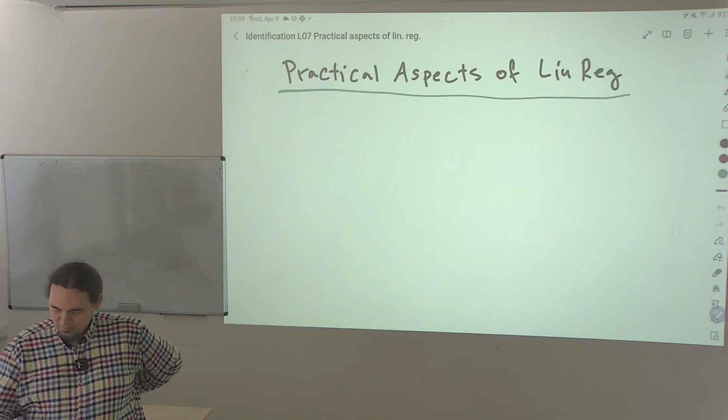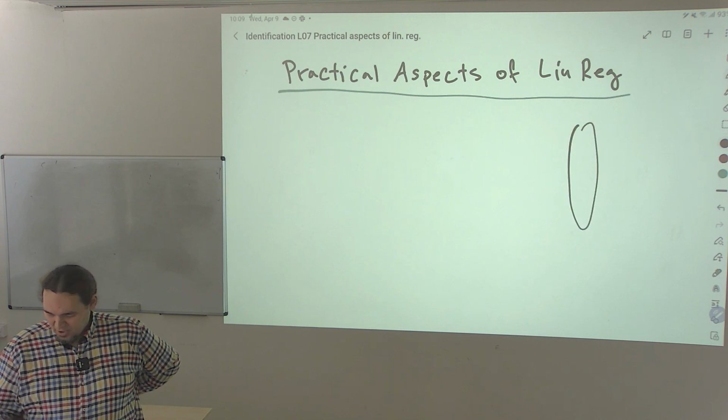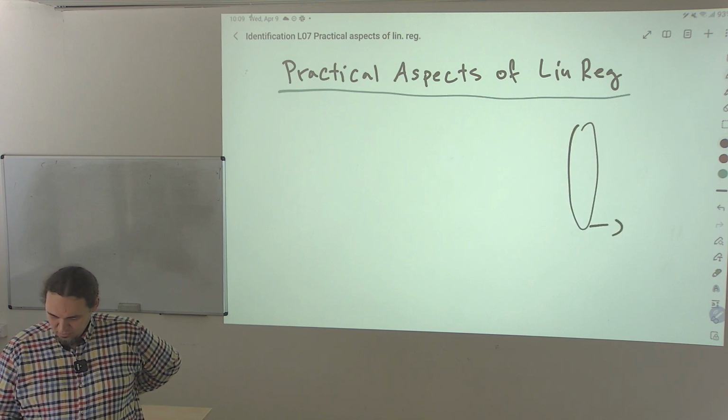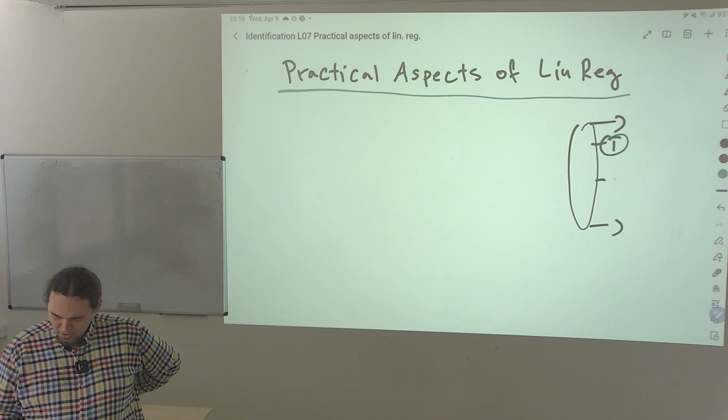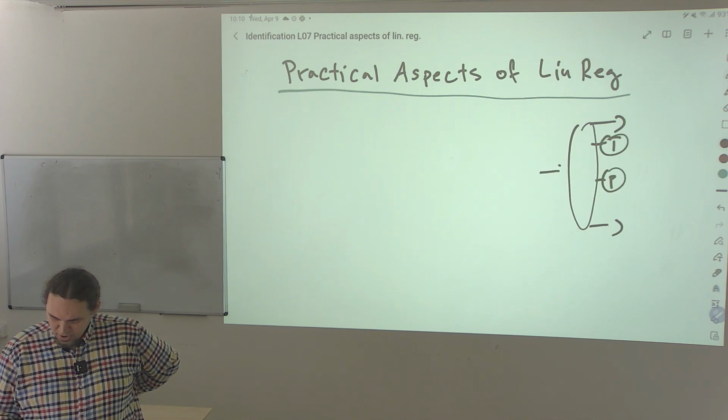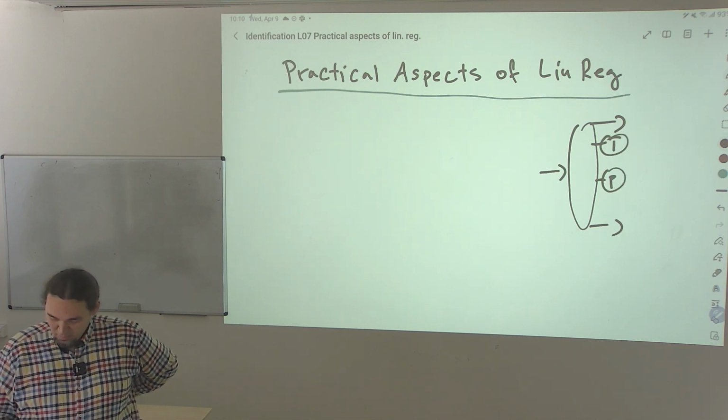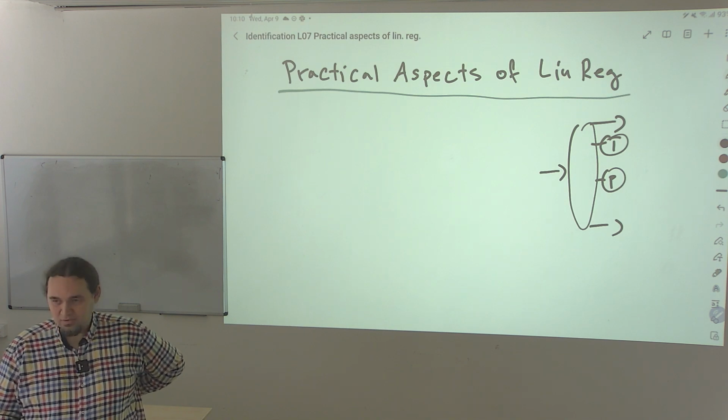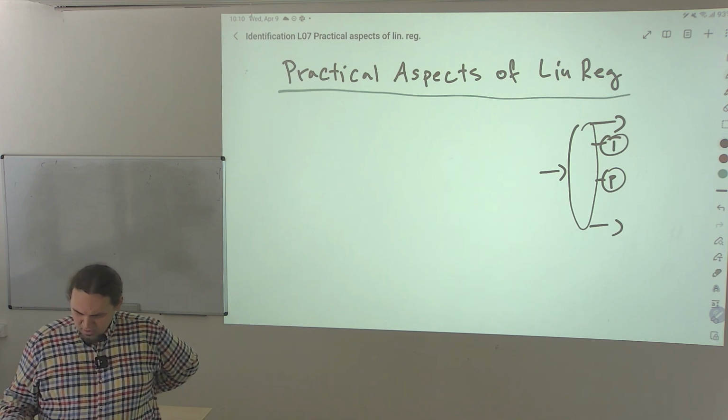If you are given some example of a distillation column where there are multiple things which are measured, like temperatures, pressures, sometimes some compositions, but that's not the rule.